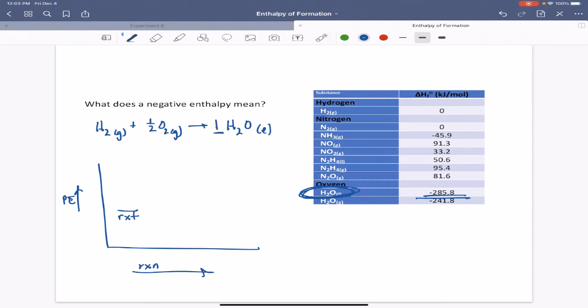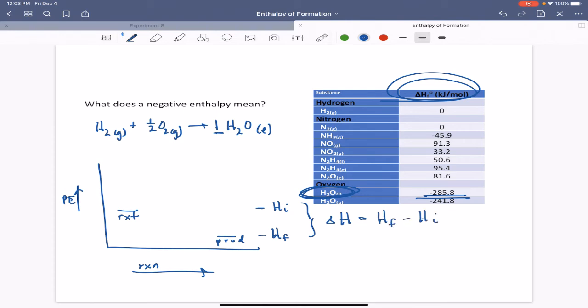This is an enthalpy of formation equation, and these are numbers that go with that process. If it's negative, that means our final was lower than our starting place. So here we have initial enthalpy, final enthalpy. A difference in enthalpy is final minus initial.